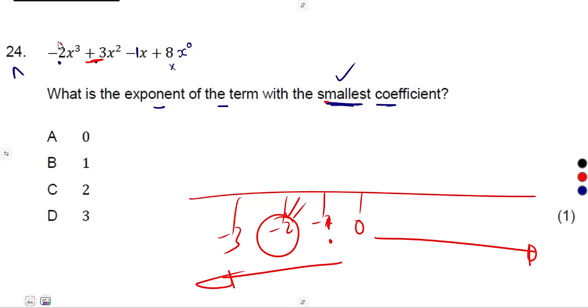So -2 is the smallest coefficient. But let's answer the question: what is the exponent of the term? It is 3. So the best answer was going to be D, where there is a 3.